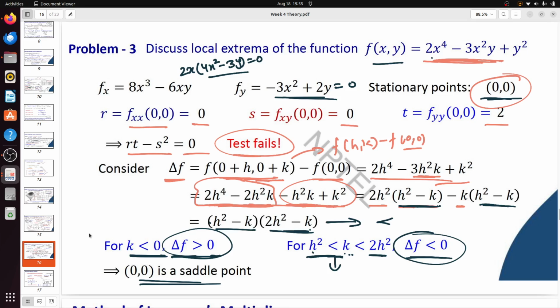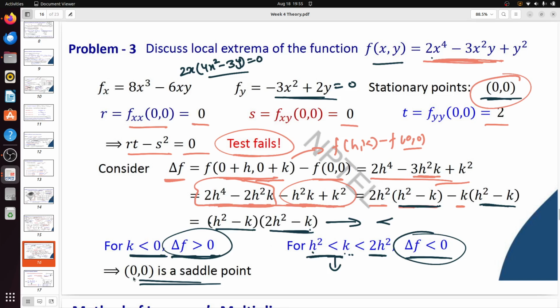So whenever k is less than 0, when h^2 is greater than k, then this is actually positive, and when h^2 is less than k is less than 2h^2, then it is actually negative.